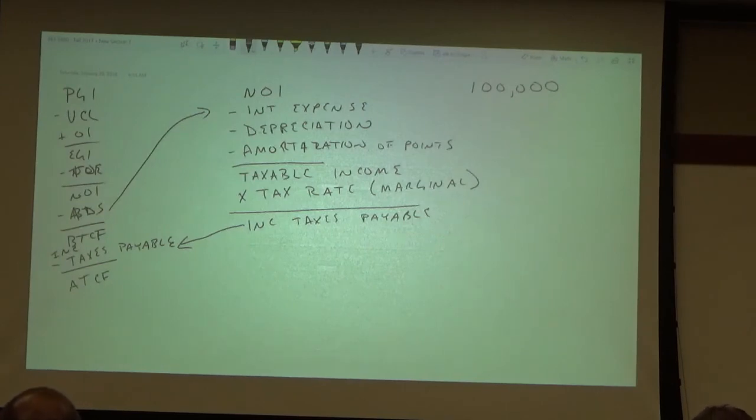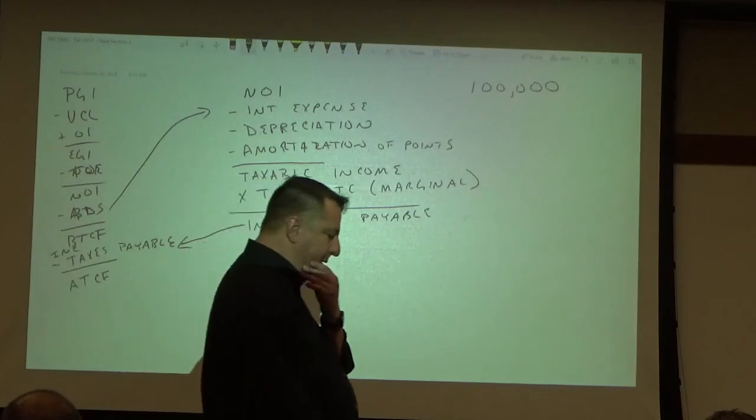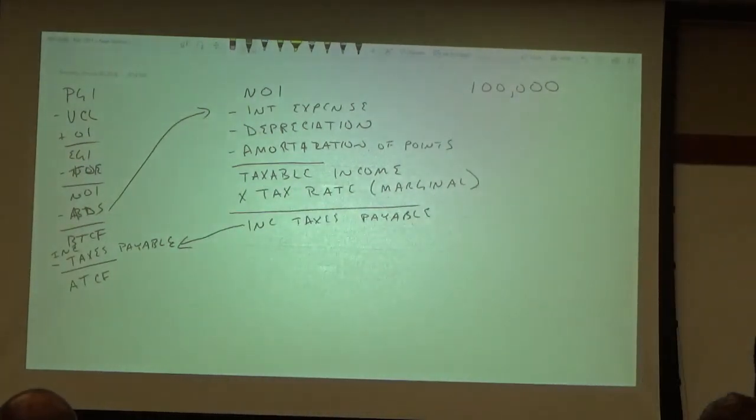Now, we need to be able to calculate interest expense. So this is what I really wanted to get into real quick. One of the things that I showed you briefly last week was to use the amortization function on the calculator, which is basically where you can look up the principal, the interest, and the balance on a loan.